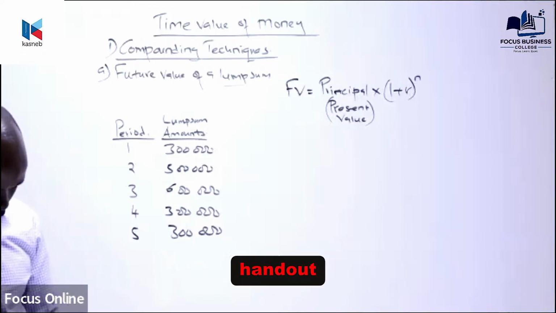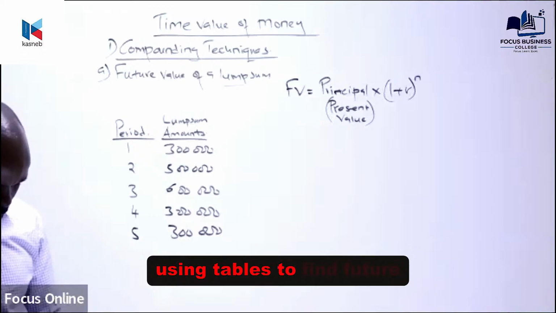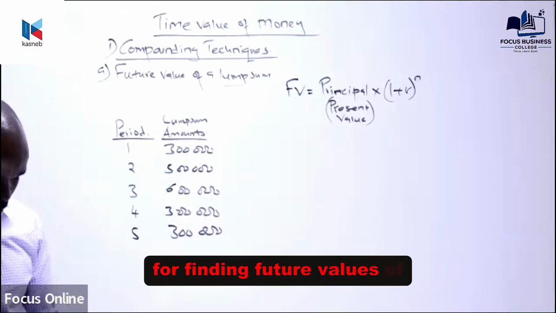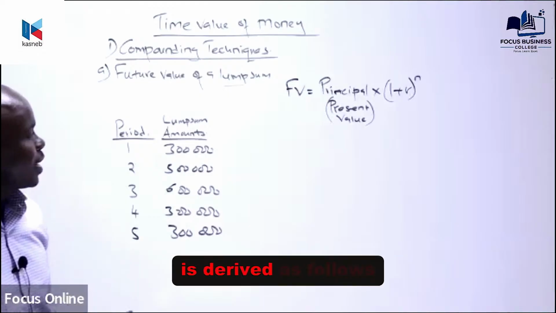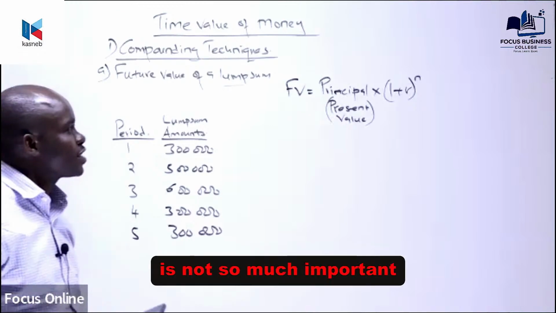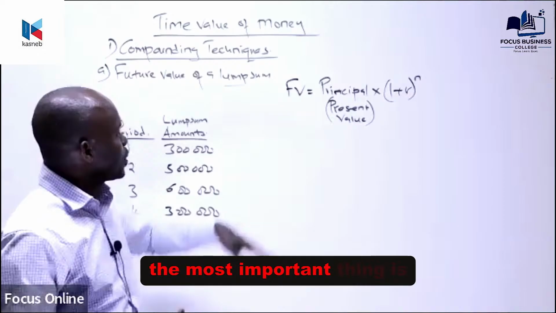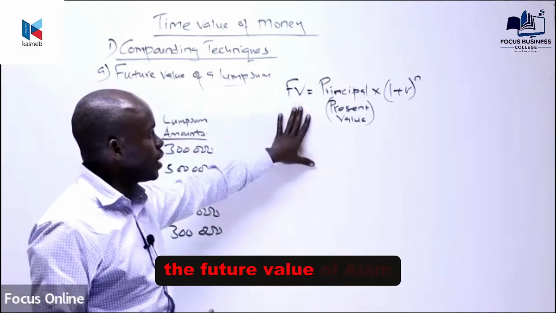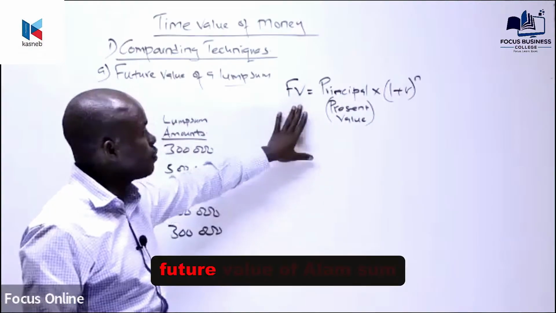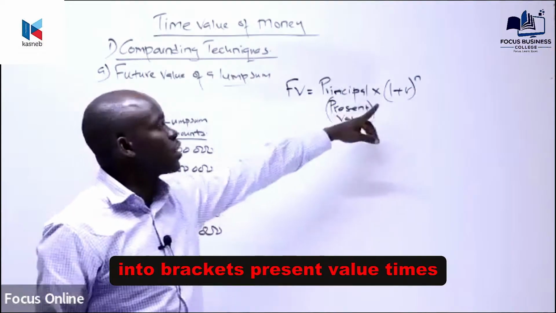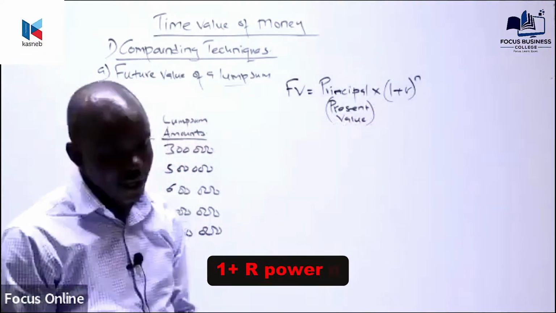If you look at the handout, you'll see the equation for finding future values of a single amount is derived as follows. How it is derived is not so much important to us. The most important thing is this. This is how we get the future value of a lump sum. Future value of a lump sum is equal to principal, into brackets, present value times 1 plus r power n.